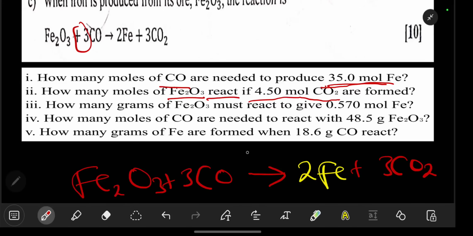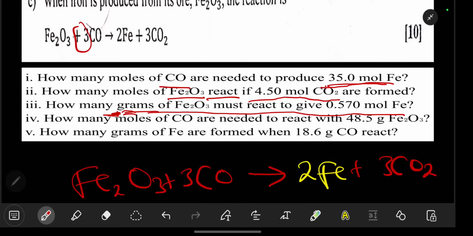For this other one, it says how many grams of iron 3 oxide must react to give 0.57 moles of iron. So how many grams of this? For the sake of this video, we are just going to use mole to mole, then convert. If you are conversant with the mass to mass, you can use it.